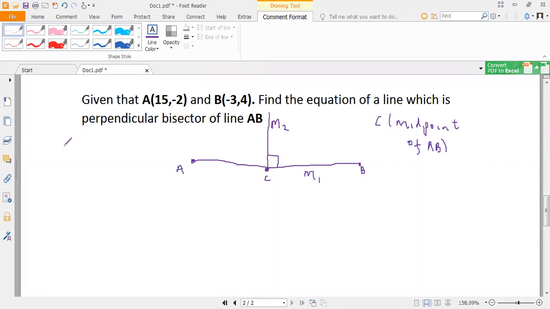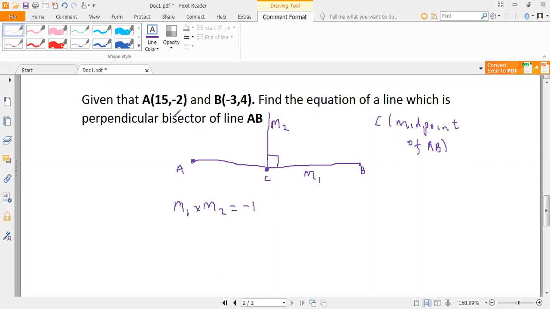We all know from the relation of perpendicular lines that the product of their gradients, that is M1 multiplied by M2, should be equivalent to -1.